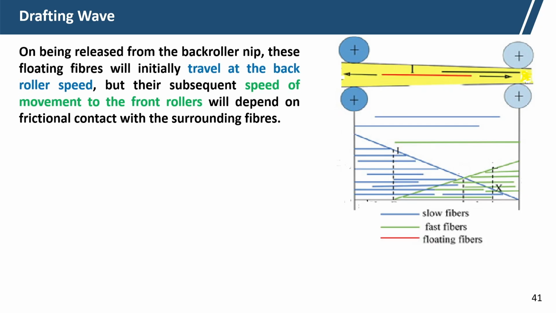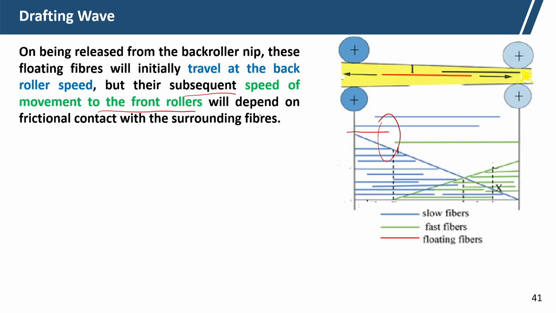Now, on being released by the back roller, these floating fibers will initially travel at the back roller speed, because they are in contact with the fibers moving at the back roller speed, but subsequently they will get to the front roller speed.